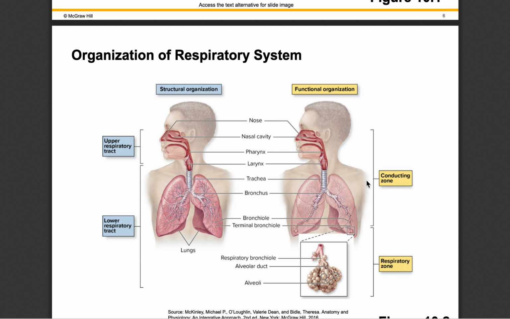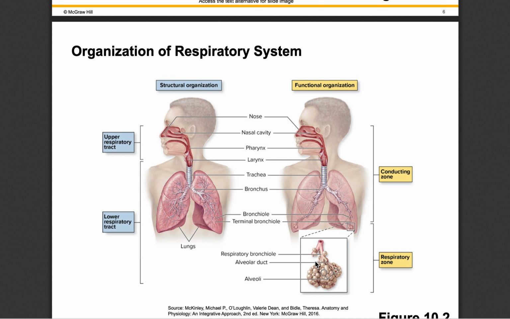The conducting zone is simply designed to move air in and out of the environment into our body, or really into our lungs. And then our respiratory zone is where the actual exchange of gases happens in the blood. That respiratory zone is really small, goes into our alveoli and our alveolar ducts. Really the last little bit, the microscopic portions, would be considered our respiratory zone.